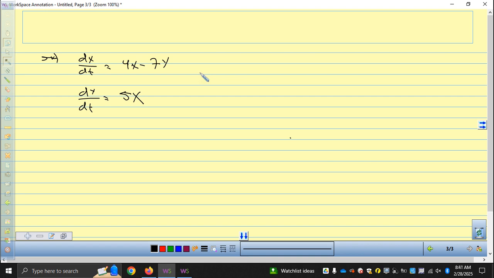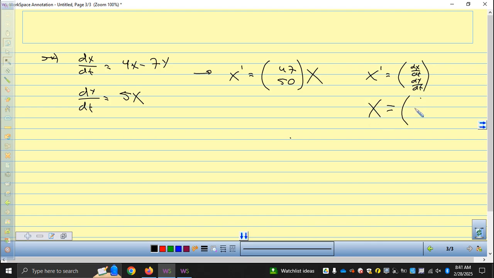We can write X prime equals the matrix (4, -7; 5, 0) times X, where X prime is dx/dt, dy/dt as a column matrix, and X equals x, y. And I need to work extra hard to make my matrices capitals and my variables smaller.